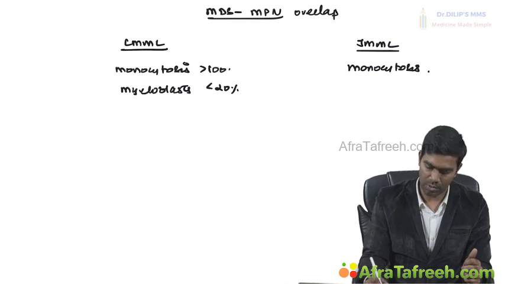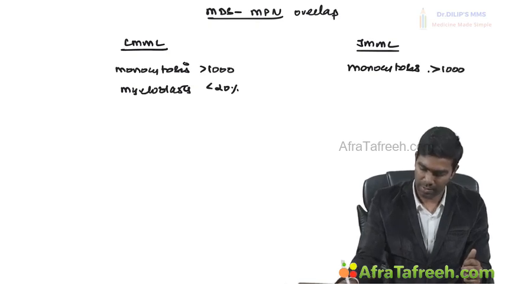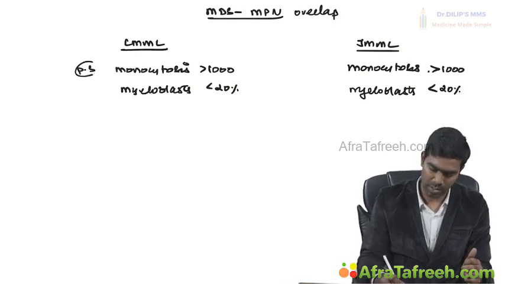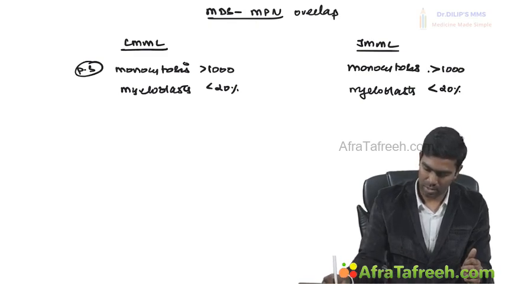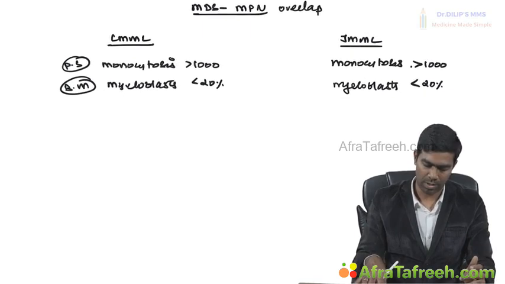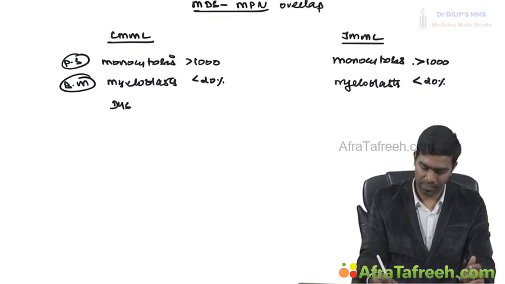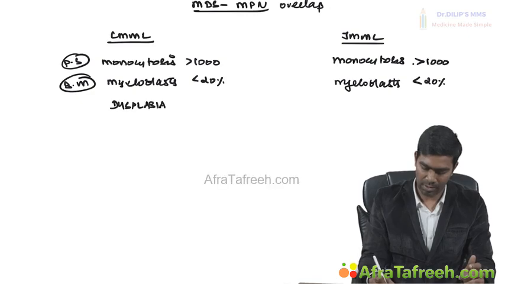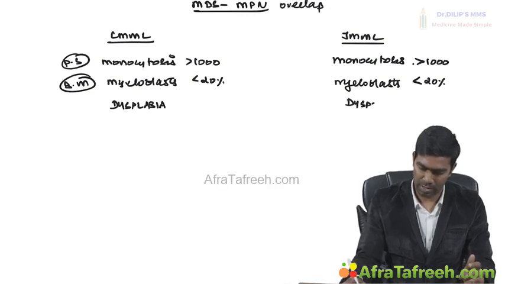Monocytes more than 1,000 in the peripheral smear, and the blast count in the bone marrow will be less than 20% in both. Otherwise it will go towards acute leukemia, so it should not be more than 20%. At the same time, both will show dysplasia, a lot of dysplastic cells.